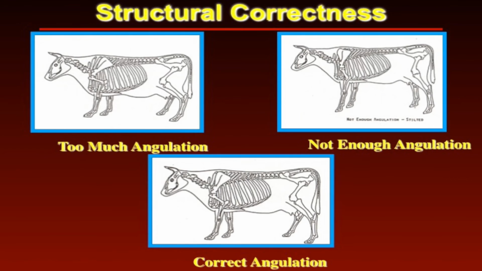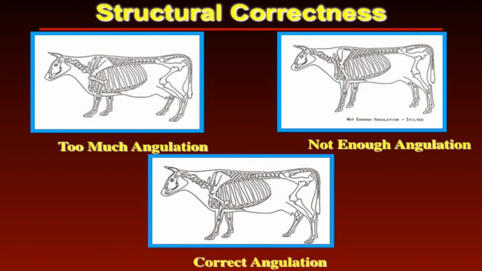So if we look at these 3 pictures here, to just show you some angulation differences in them. The top left, probably too much angulation. That animal's just a little bit sickle hocked. The top right, this particular cow is just, you can see on the hind joints there, she's straight in line, and on her front end, those joints are all lined up.